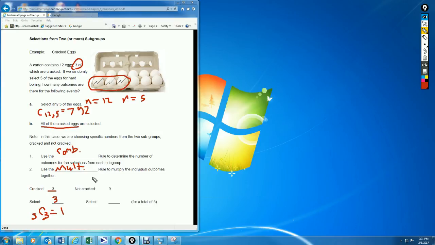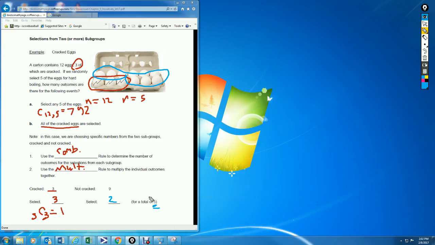So I still need to choose 2 more eggs because I want 5 total. So what is left is a total of 9 not cracked eggs. That is all of these guys. So out of the not cracked eggs, I want to select 2 because I need to have a total of 5. That was stated in the problem.